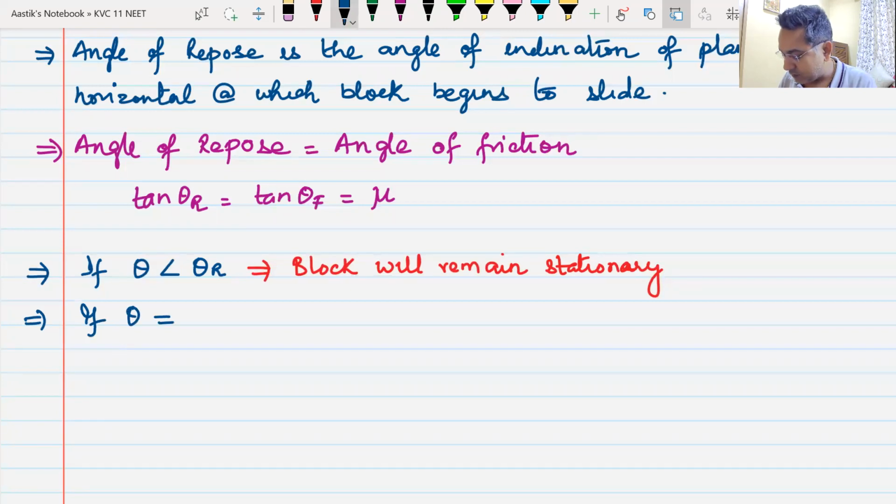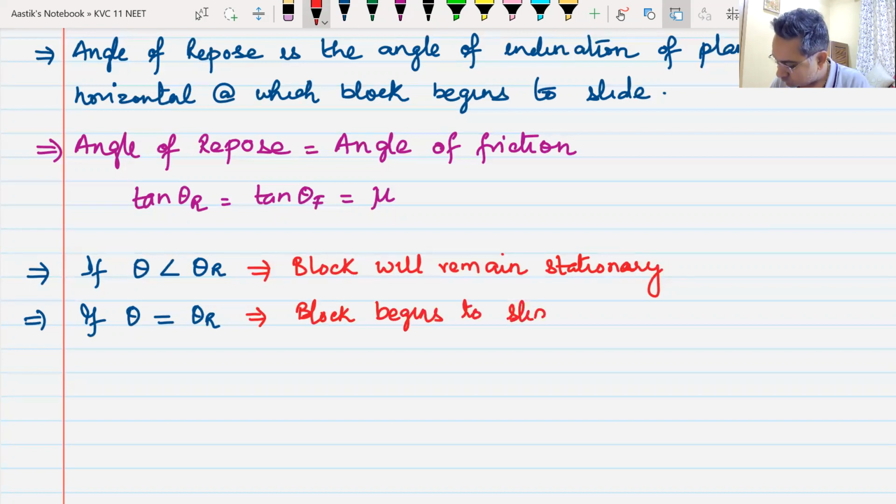If theta is equal to theta r, then the block begins to slide with zero acceleration. There is no acceleration because both the forces will be equal.